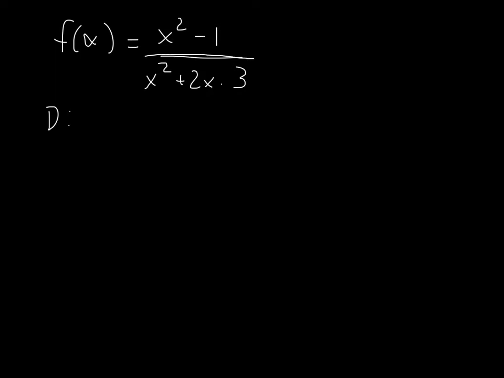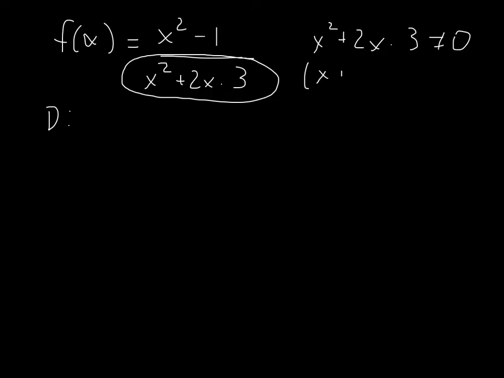Back in chapter 2, we took anything that would make the denominator equal to 0, and we would say x squared plus 2x minus 3 cannot equal 0. So we would factor: x plus 3, x minus 1 equals 0.